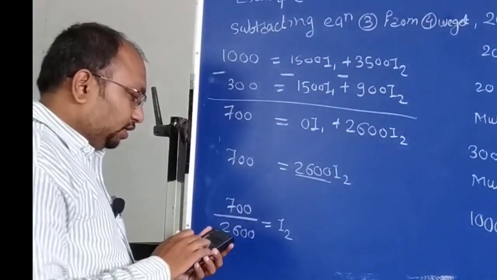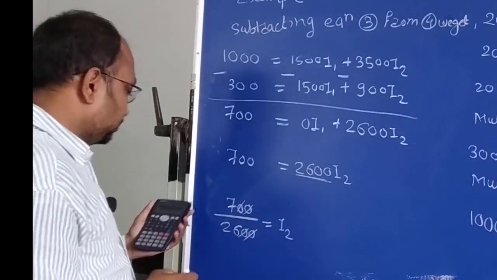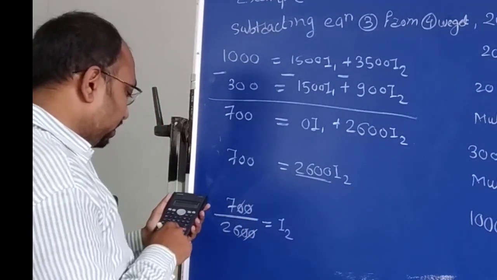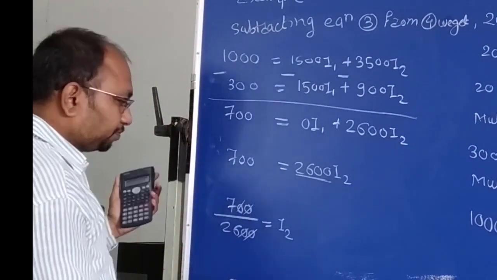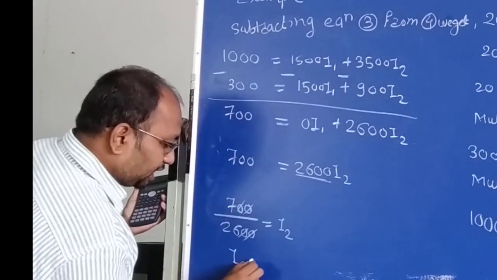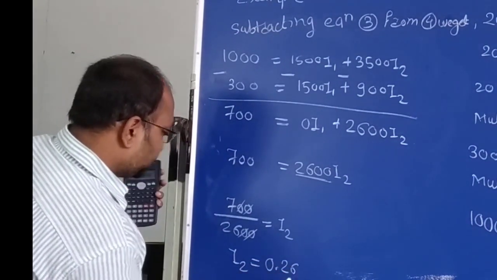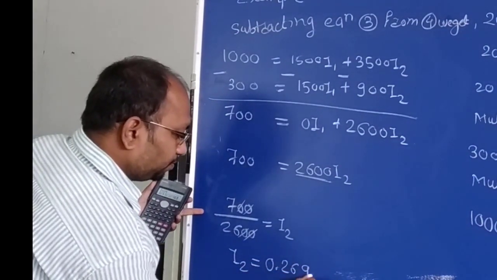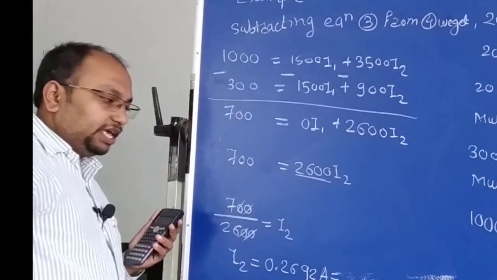Let us cancel out these two zeros, and then we will calculate 7 divided by 26. So I2 is coming as 0.2692 ampere, and let us convert it in terms of milliampere.